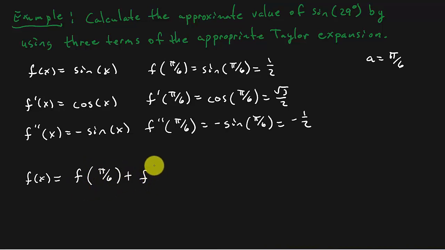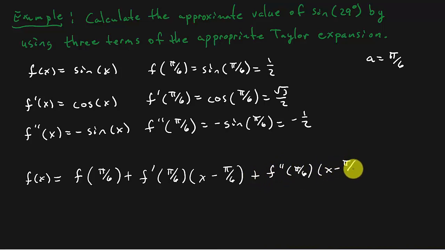And then that's going to be plus f prime of pi over 6 times x minus pi over 6 plus f double prime of pi over 6 times x minus pi over 6 over 2 factorial plus ... All right. So there we have it.